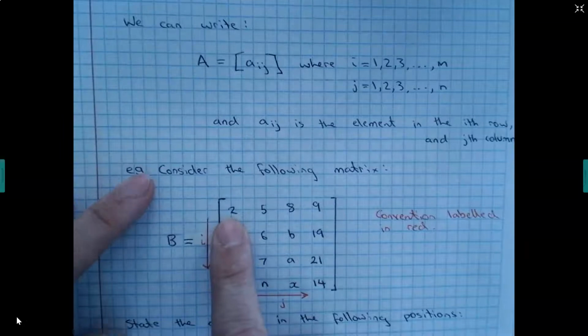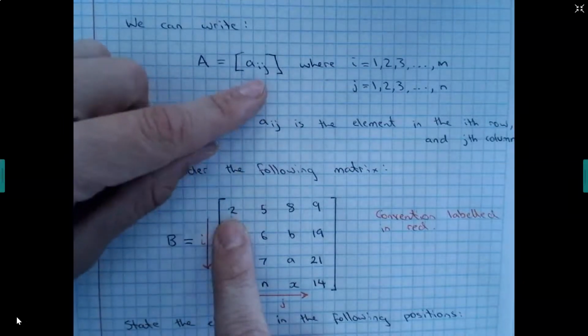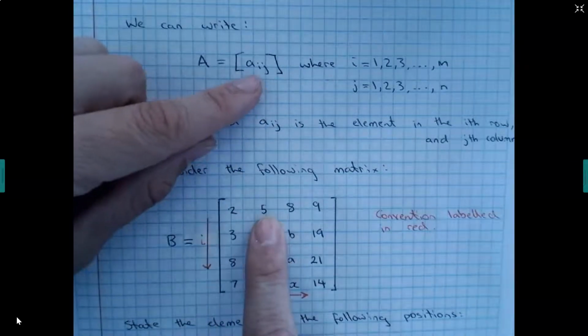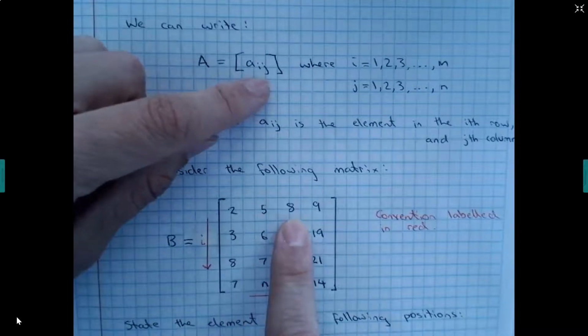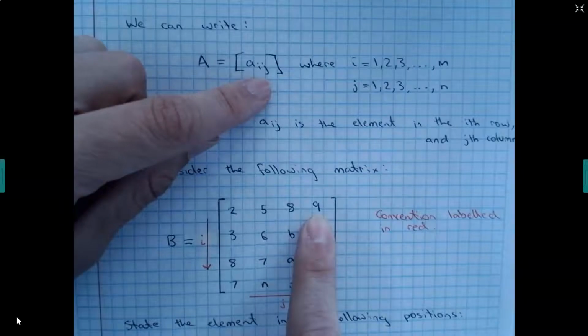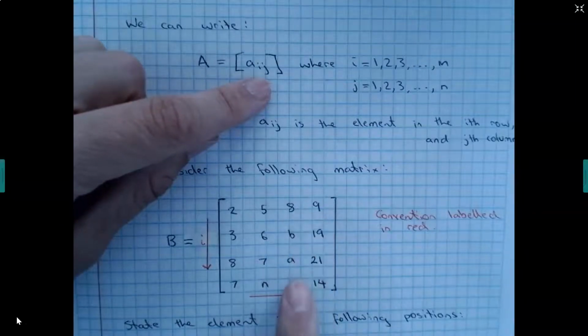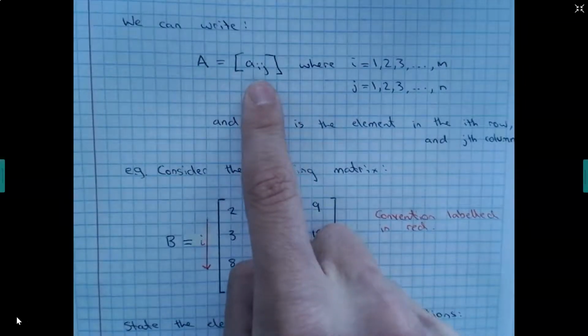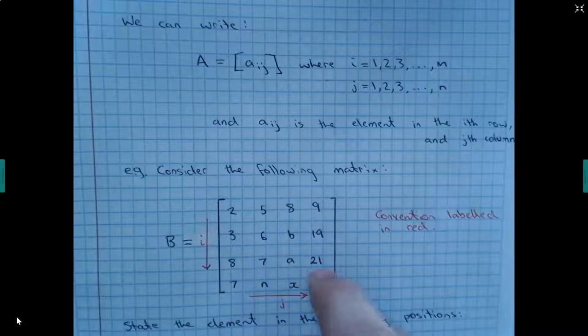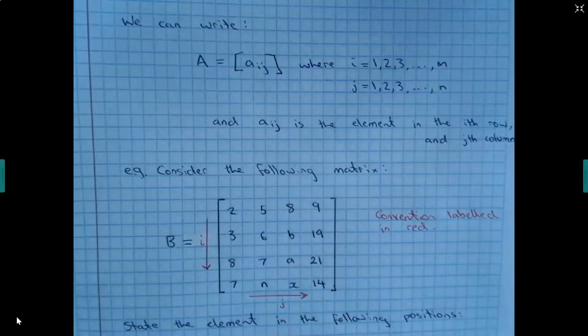This element here we would label B1,1. This element here would be B1,2. This element here would be B1,3. This element here would be B1,4. If I came to this one down here, it would be B4,4. Alright, so this is just a way that we can denote what number is in a certain spot of a matrix.